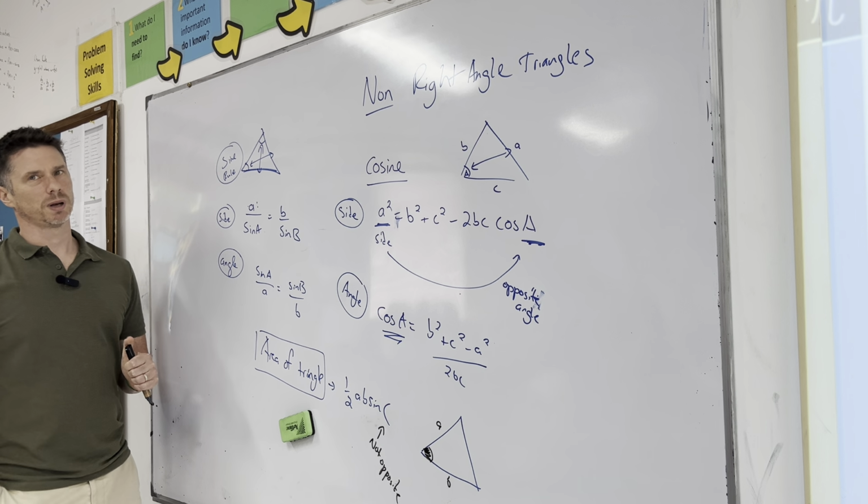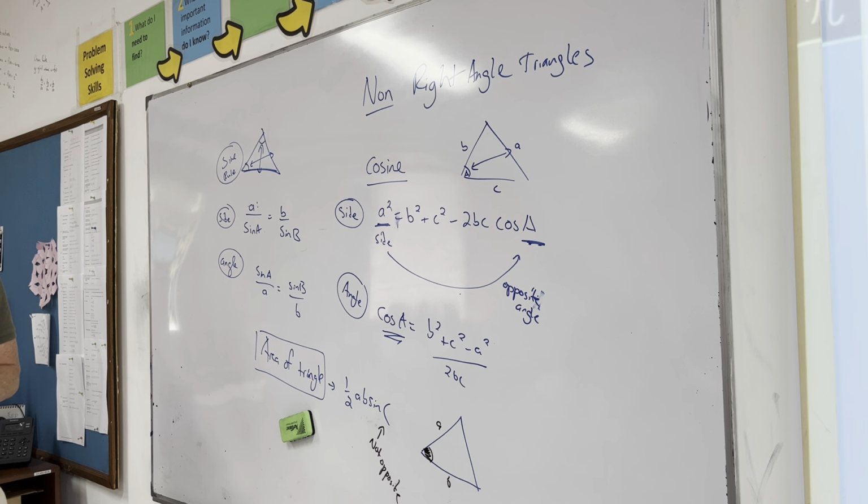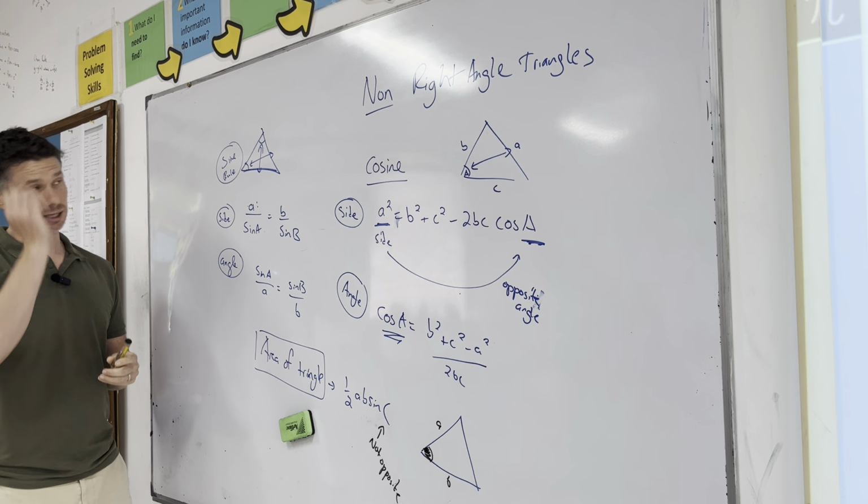Okay, so we have to be able to apply those. Let's look at a couple of problems, and then I'll let you guys crack on with your homework. Recognizing whether we use the sine rule or the cosine rule is a skill.